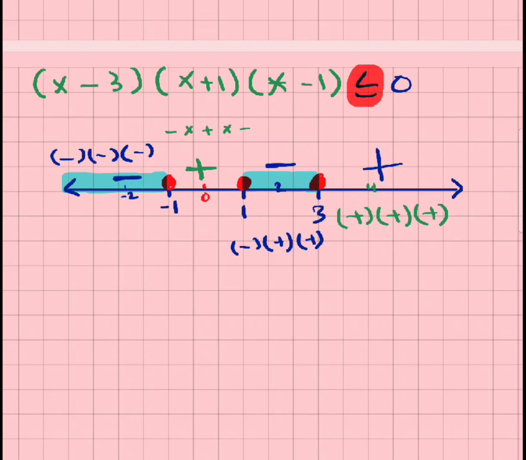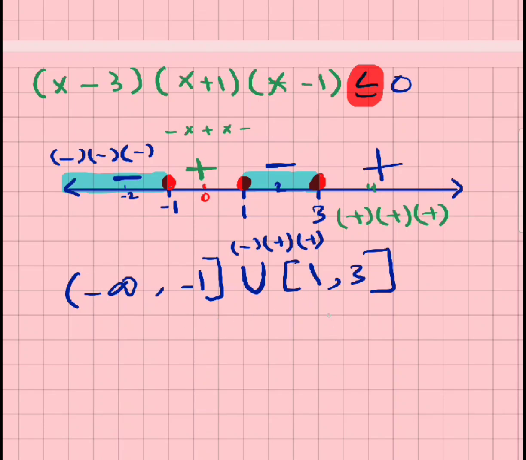So the answer is going to be from negative infinity to negative 1, but including negative 1, so we need to use brackets instead of parentheses, and then from 1 to 3. So that's the answer using interval notation.